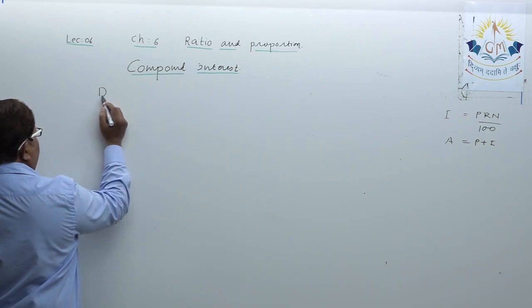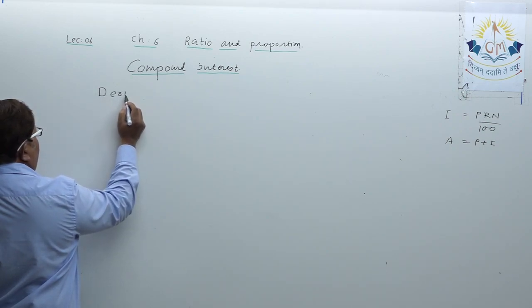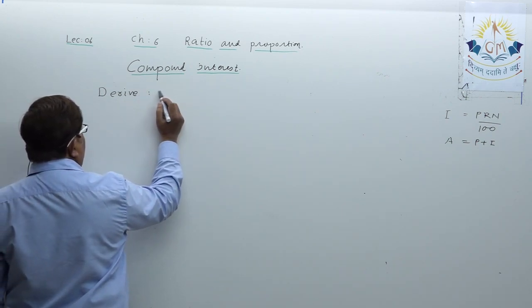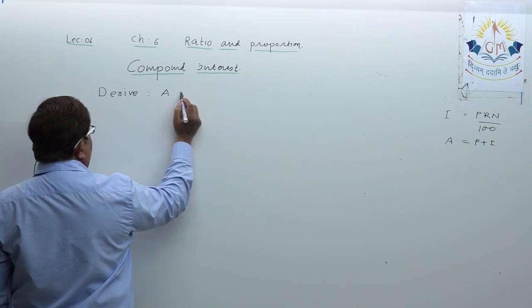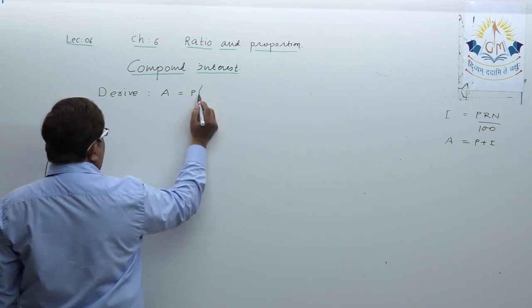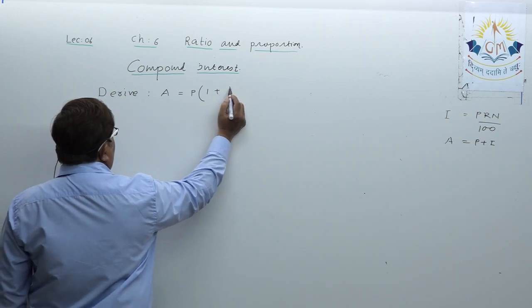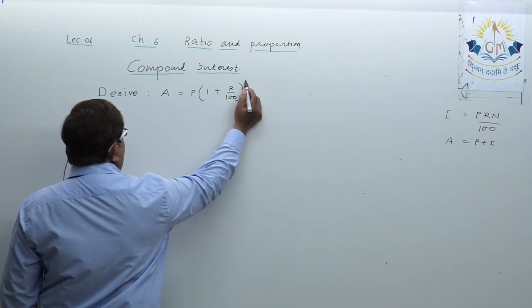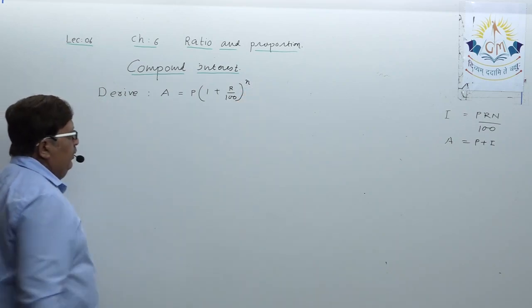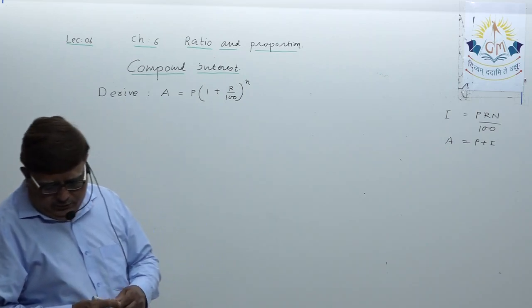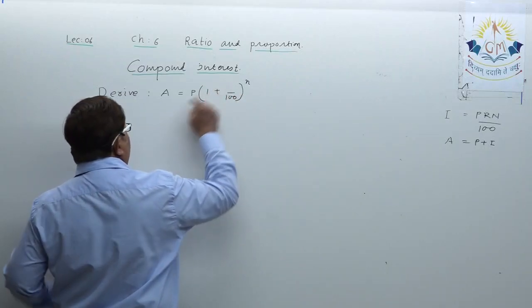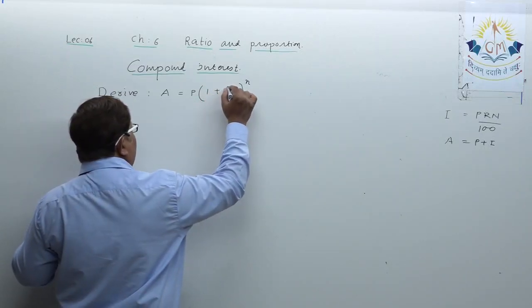Understand? And dear student, I may ask such a question in the WRT also. This is the question. First you note down: derive A equals P into bracket 1 plus R upon 100 raised to N. Somewhere they use small n and somewhere capital N. In all textbooks they use capital R here, but here small r.